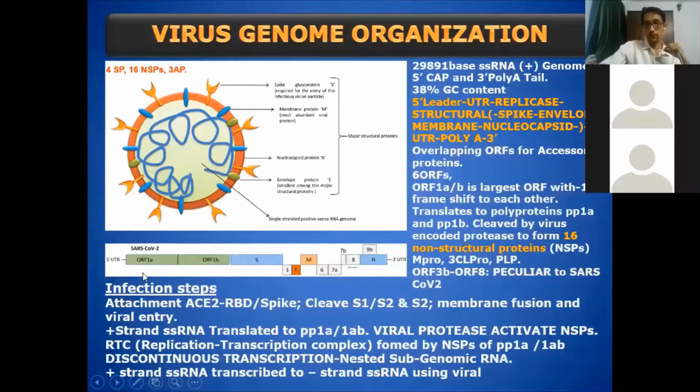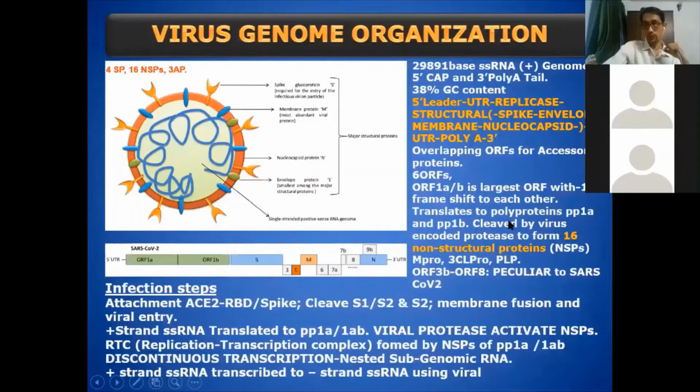ORF 1A, 1B, or 1AB starts from here till here, and it's the largest ORF. There is one more ORF starting from the same region, only that it is a -1 frame shift to ORF 1AB, which is called ORF 1A. The proteins that come out of this are polyprotein 1A and polyprotein 1B.